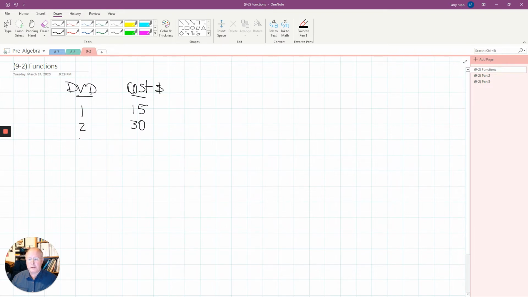So how much is it going to cost if you do 3, 4, or 5 DVDs? Well, that's pretty simple. If one is 15 and 2 is 30, 3 will be 45, 4 will be 60, and finally 5 will be 75.